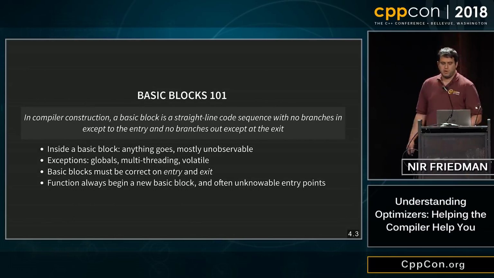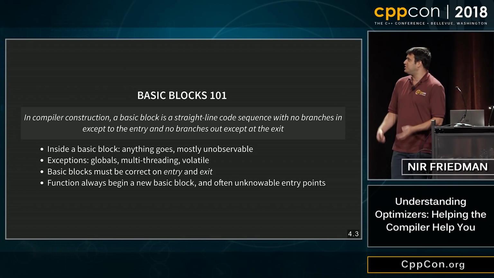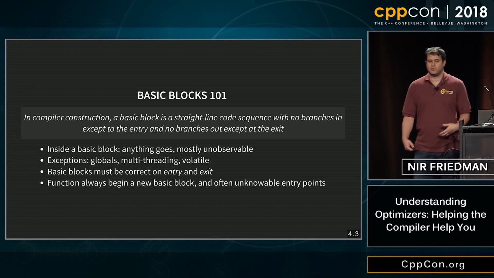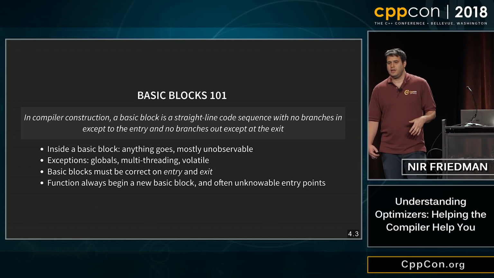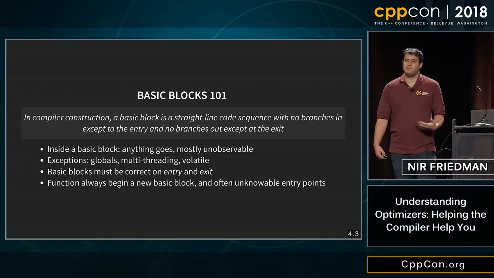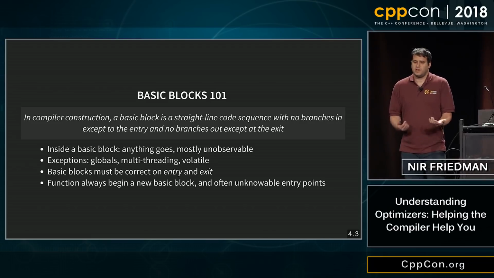Okay, so basic blocks, I'm not going to get, again, in very much detail here, but it's a basic concept that it's worth at least knowing the Wikipedia definition of. So it's just basically a chunk of code that you enter at the beginning. You have to go through the whole thing and leave at the end. That's it. And compilers have a lot of freedom within basic blocks because they can rearrange things and move things and eliminate things.